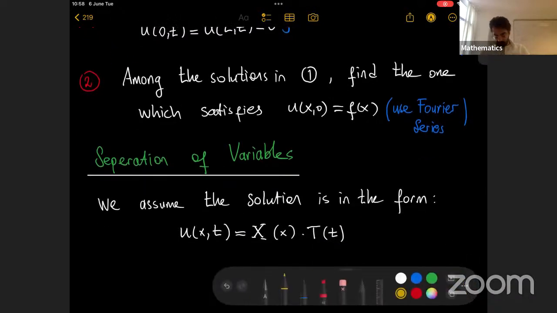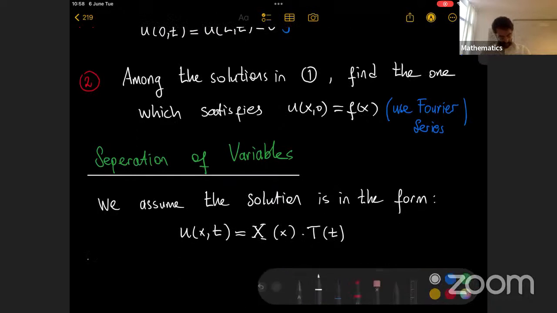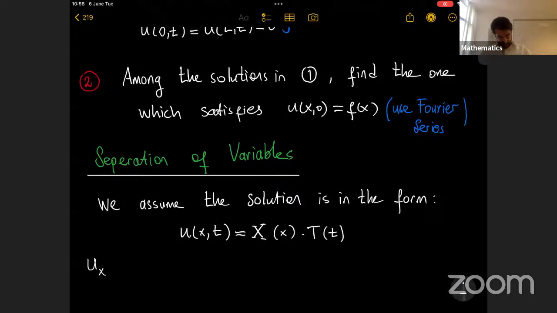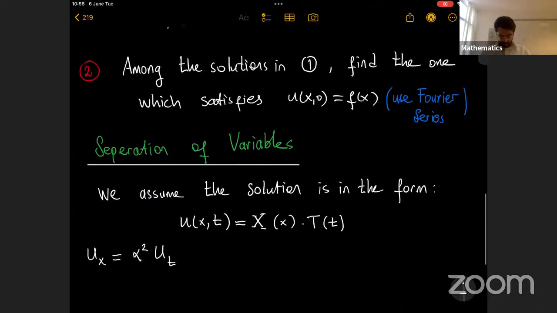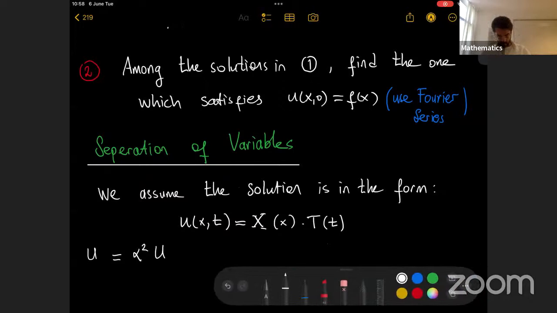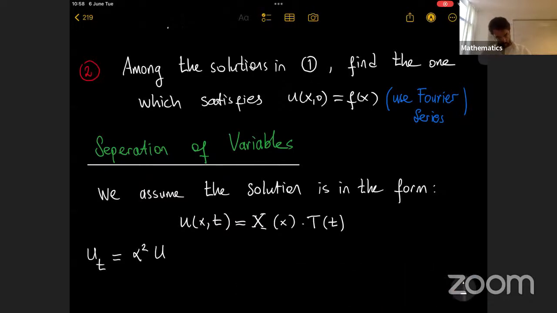So let me write here again. The equation was u sub t is equal to alpha squared times u sub xx. This implies, when you use this form here, what is u sub t?